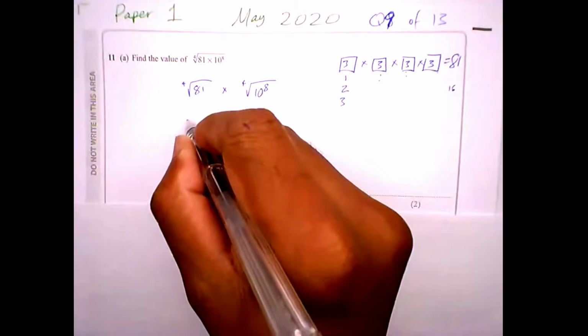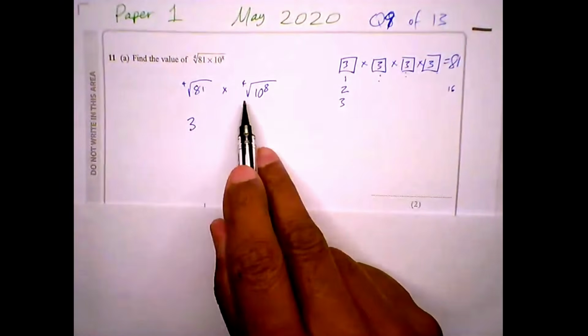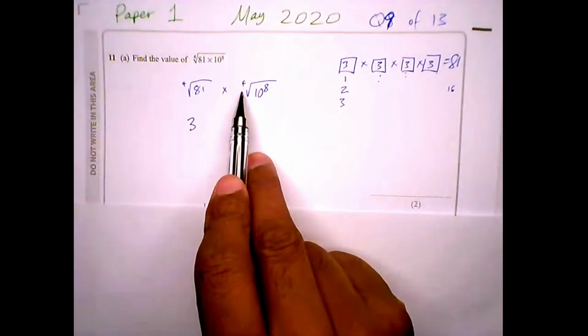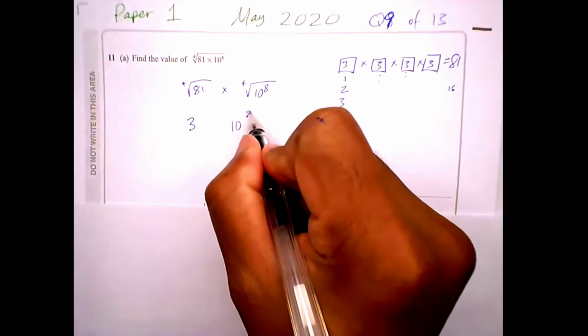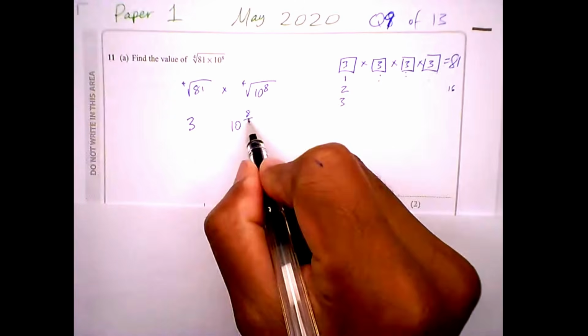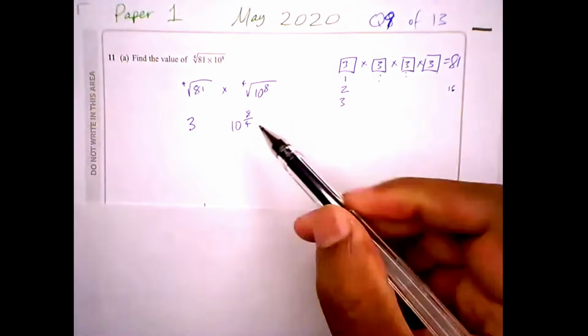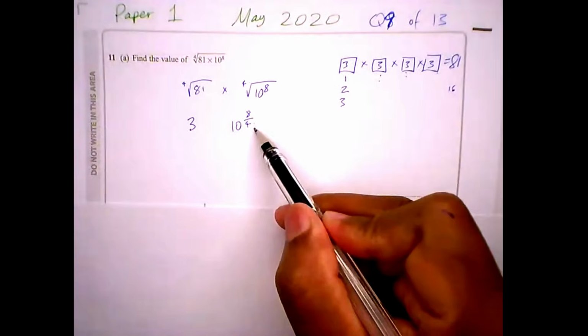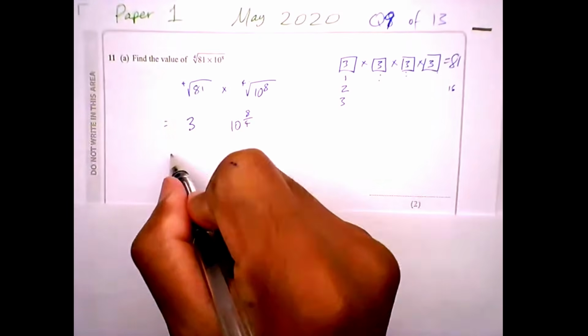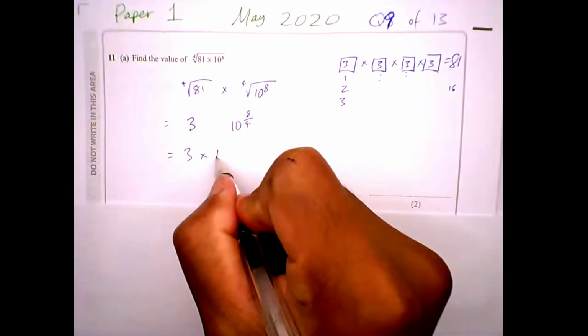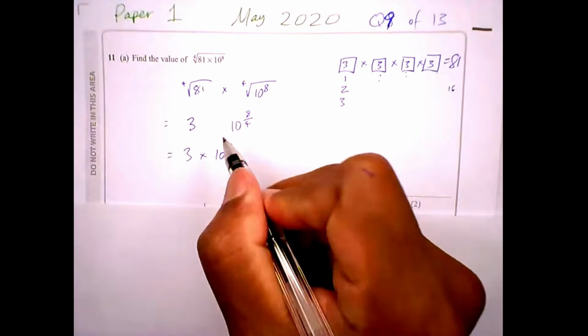So this is 3. And now here, remember, if it's a root, the power is a fraction. So the denominator, 8 over 4. So the denominator of the fraction is the root. So 8 divided by 4 is 2. So this is 3 times 10 to the power 8 divided by 4, which is 2.